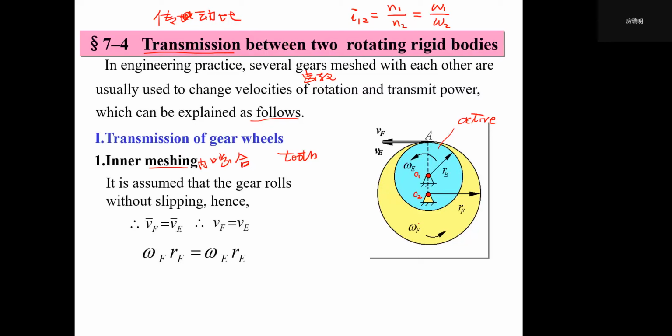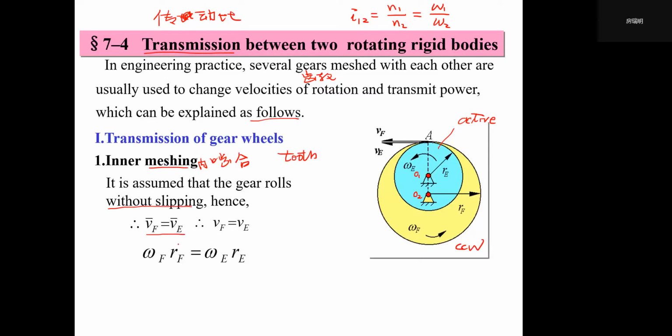So you can see this omega F denotes the bigger one, omega E denotes the smaller one, also along the same CCW direction, right? So that means at meshing point A, these two gears must have what? They should mesh without slipping, hence VF should equal VE.